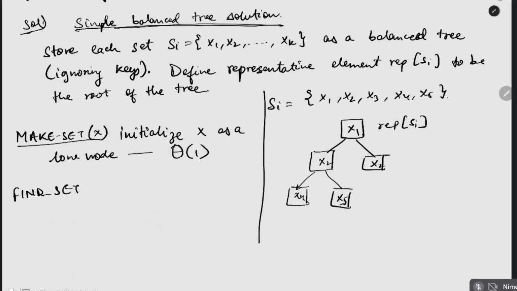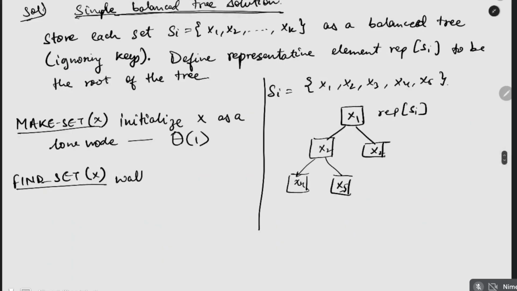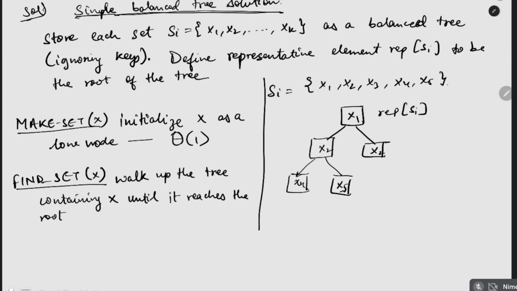And for find set, what we do is we walk up the tree that contains x until it reaches the representative, because for find set, we want to return the representative.